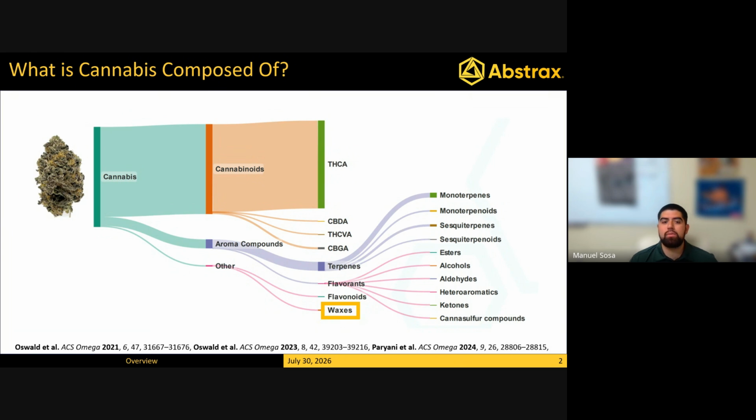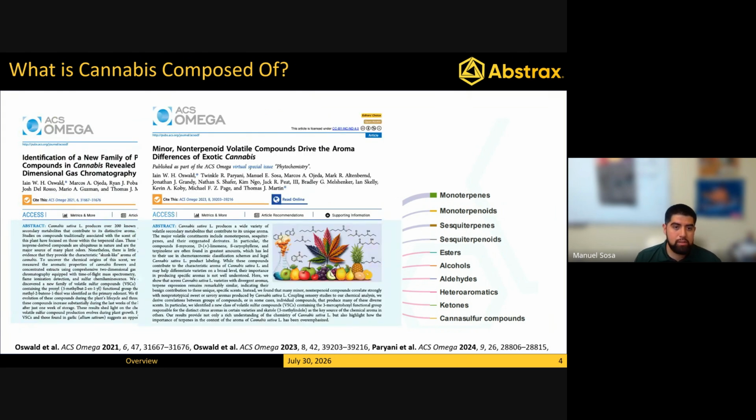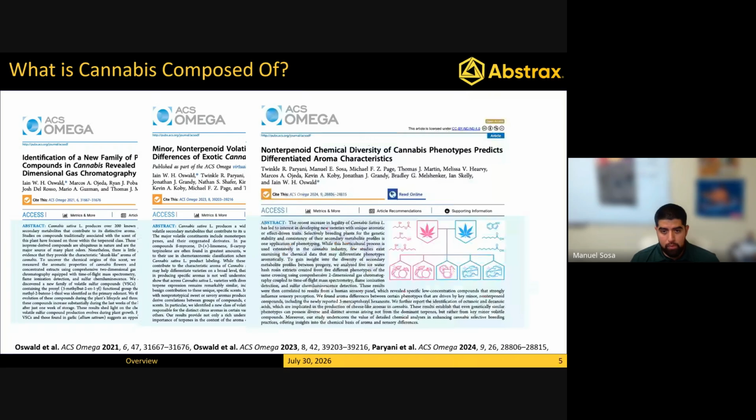In the past, we have published this paper, in which we dive into canosulfur compounds, as well as this one, where we dive further into flavorant chemistry, as well as finding these tropical thiols. And then we have this one as well, where we look at phenotypes and predict different aroma characteristics.